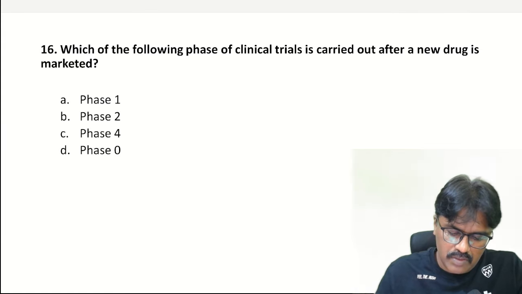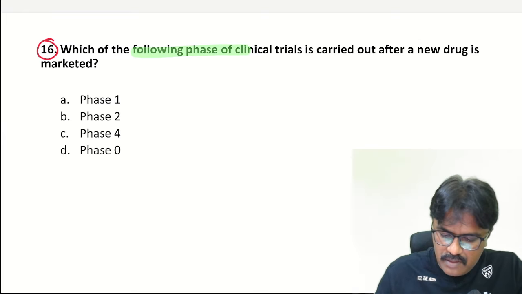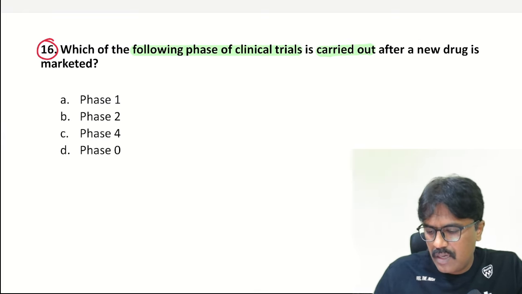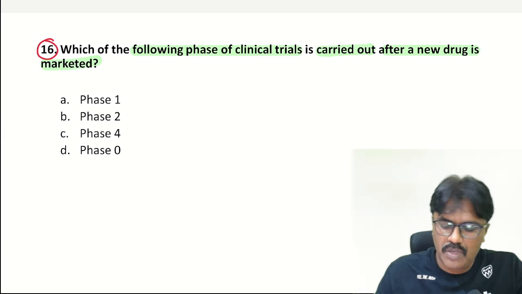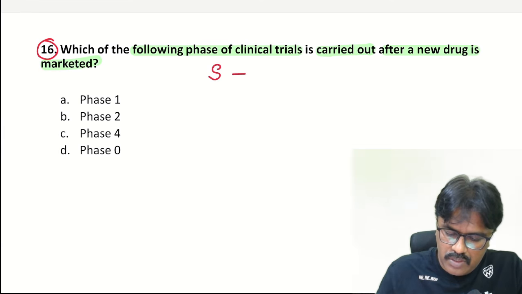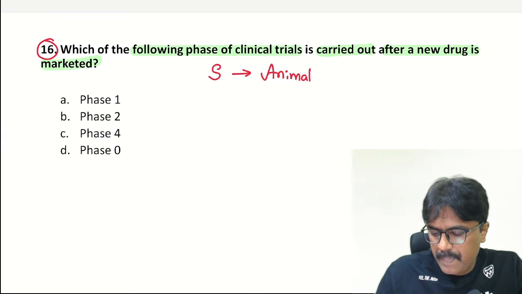Now moving on to the next question. Question number 16. Which of the following phases of clinical trial is carried out after a new drug is marketed? So usually what we do, first we find out the source, then we do animal study, then we do clinical trial.